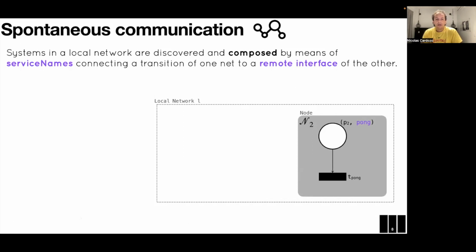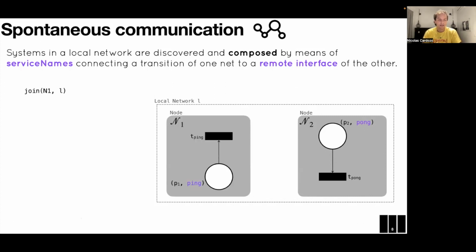To tackle the first requirement, the first thing that we need to do is to be able to compose the Petri nets defined in different nodes whenever they join the same local network. Whenever a node joins the network via the join predicate as shown here, the composition takes place through remote arcs.